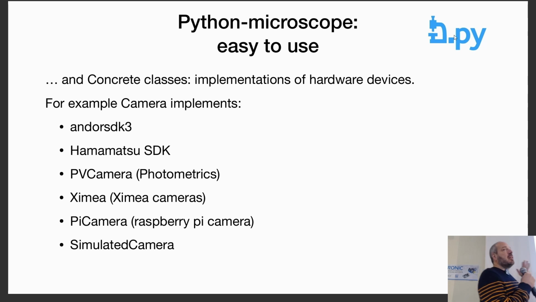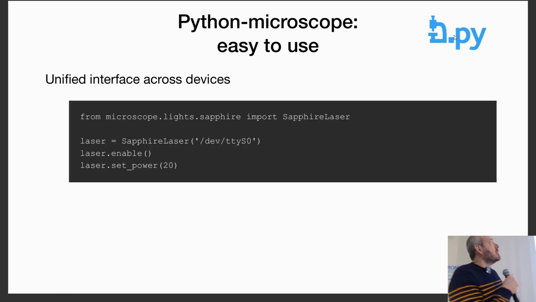Each of these abstract classes has implementations that control a specific type of hardware. For example, under cameras, there are Hamamatsu cameras, and Raspberry Pi cameras. And there's always a simulated device, so you can play with it. The interface is easy and homogeneous.